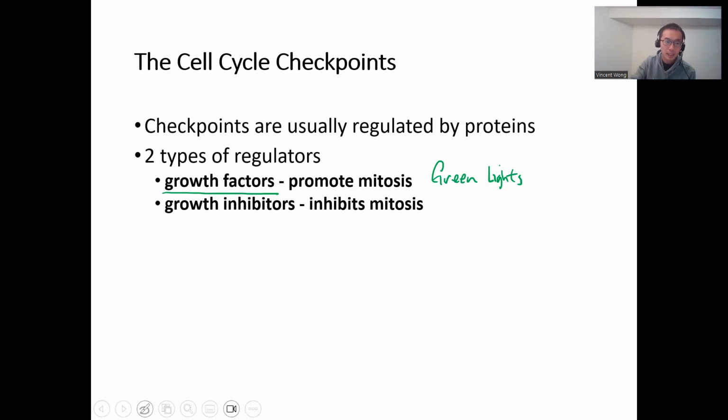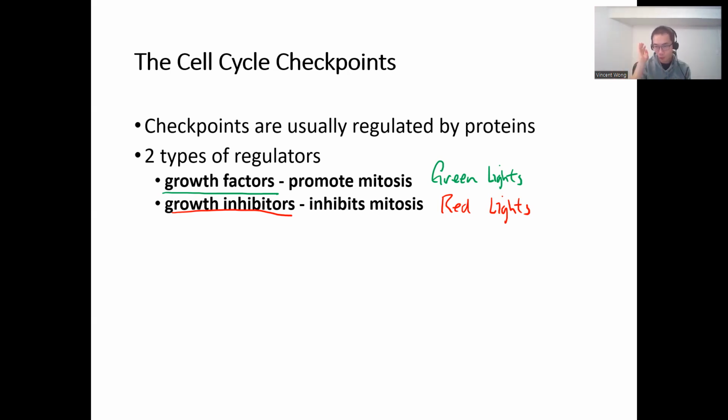On the other hand, we have growth inhibitors, which are like red lights. They stop, they inhibit mitosis. You're not allowed to divide. Maybe there's some DNA damage. Maybe the cell is too old. A bunch of other reasons. Got it? Growth factors, go and divide.